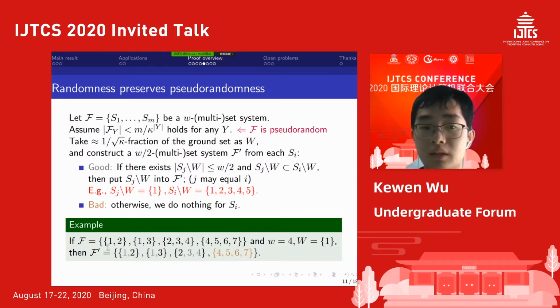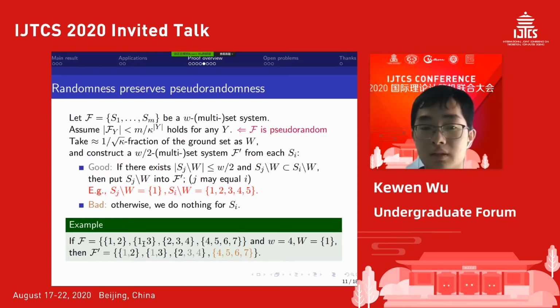Then let's see how we can construct this F prime. The first set: the element 1 is covered by W, and the rest is a singleton 2. And this is less than W divided by 2. So we directly put 2 into F prime.